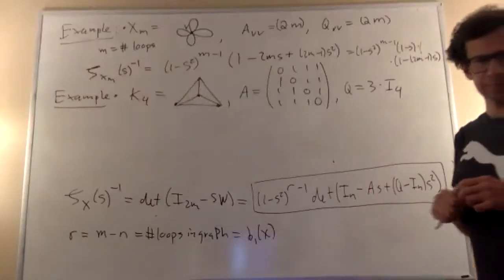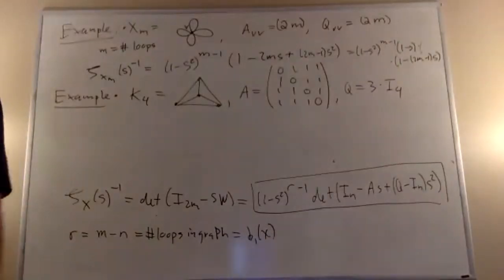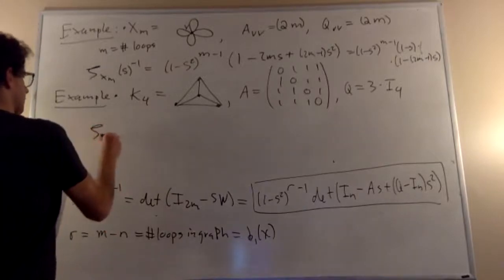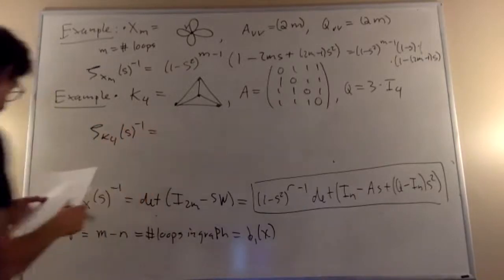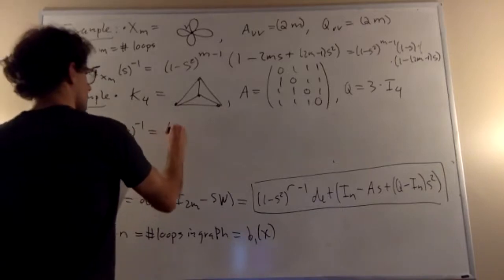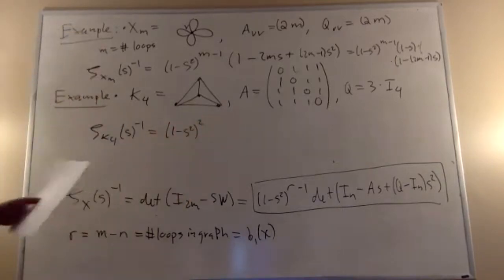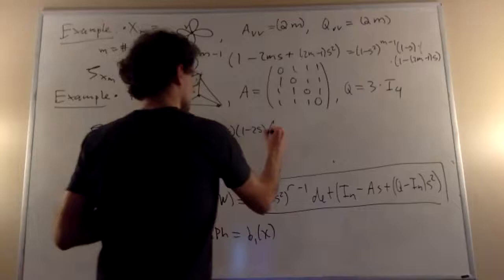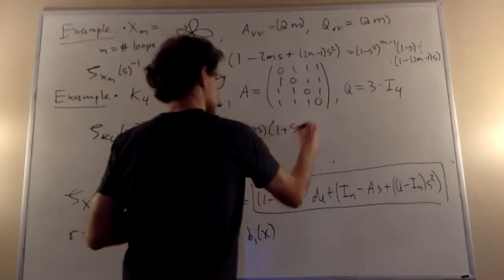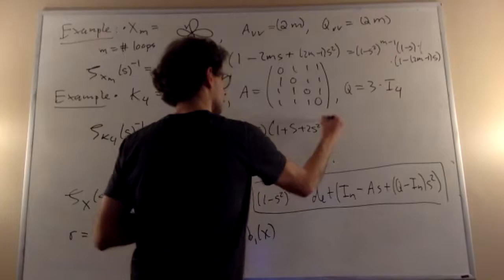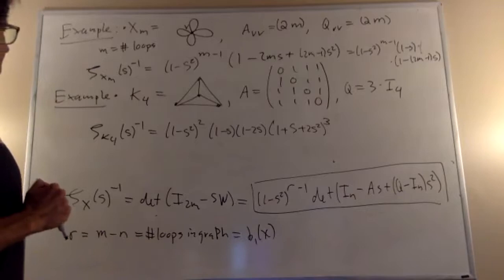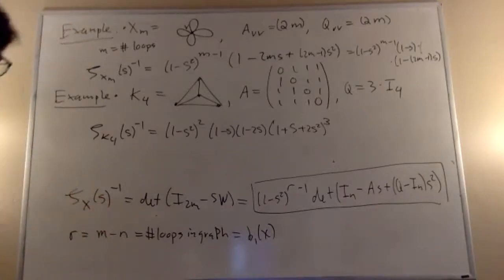Now, if you want to do this on your own, you can calculate that the zeta function of K4 is (1 minus s squared) squared, times (1 minus s), times (1 minus 2s), times (1 plus s plus 2s squared) cubed. That's homework. All right, so that's an example of a zeta function.